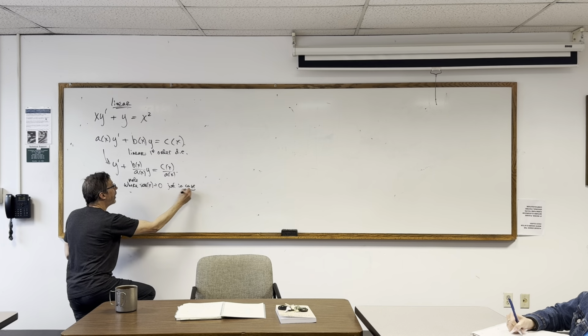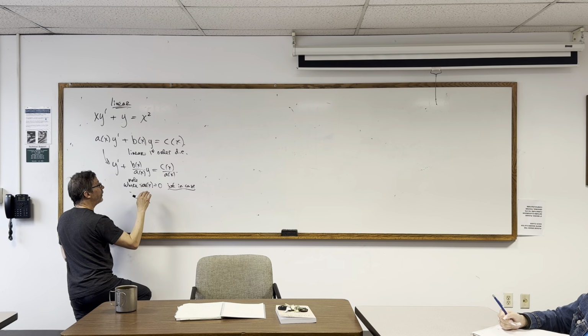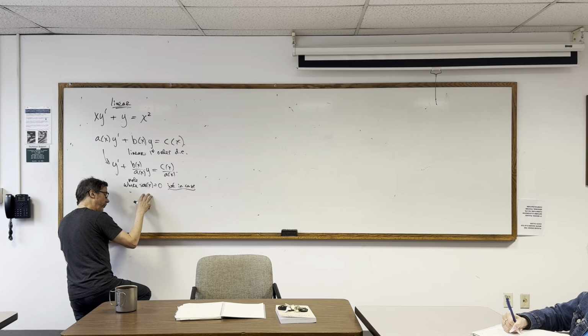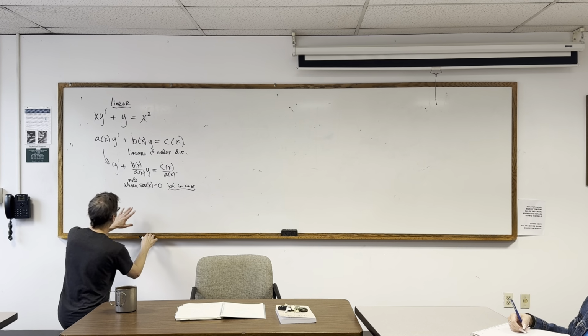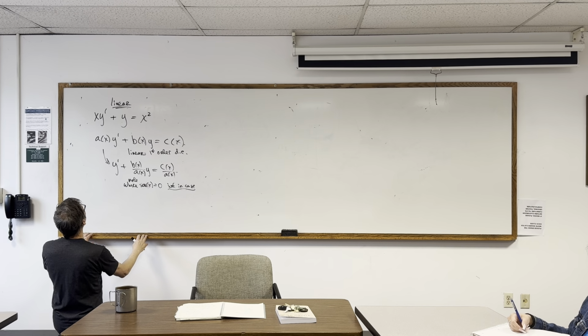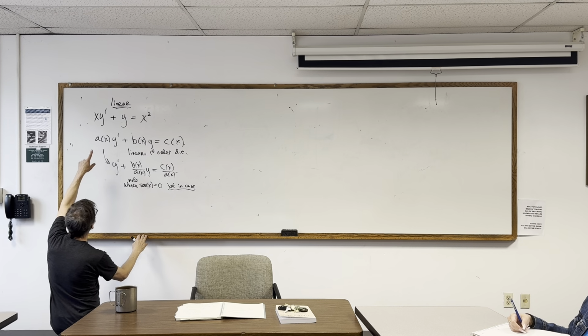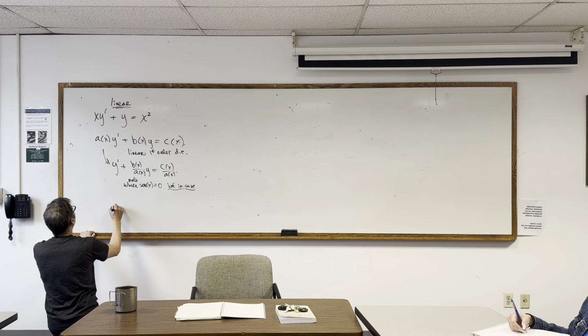We're actually going to talk today about situations where a solution doesn't exist, but for today, this will work. So step 1 is I'm going to divide through by x, and I'm going to get y prime plus 1 over x y equals x.